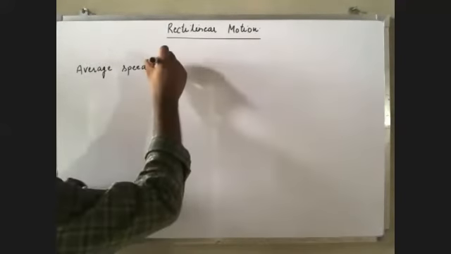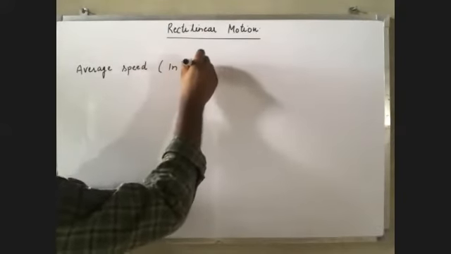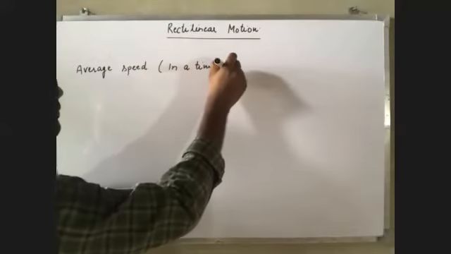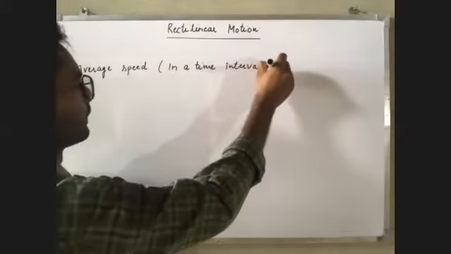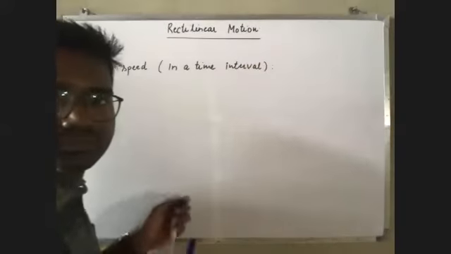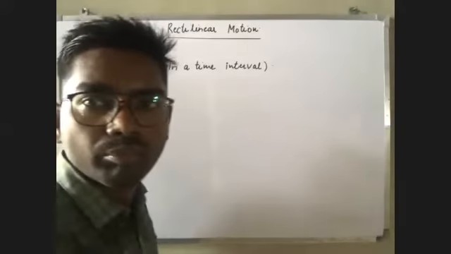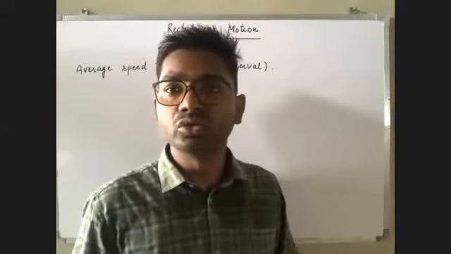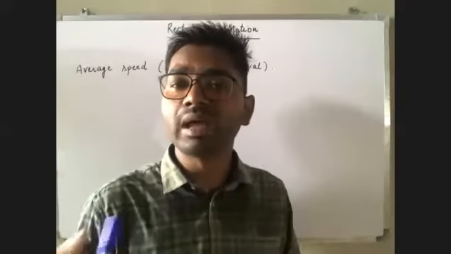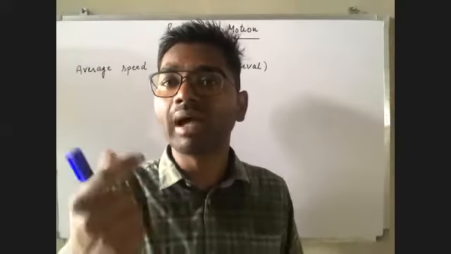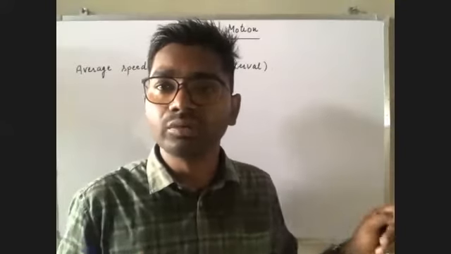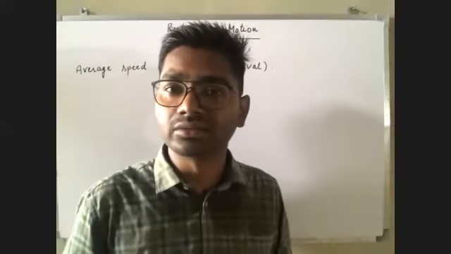So average speed is always going to be in a time interval. How can we define it as the magnitude of the change in position? No, that is going to be wrong, because the magnitude of change in position is nothing but the magnitude of displacement. Here we are talking about the distance.